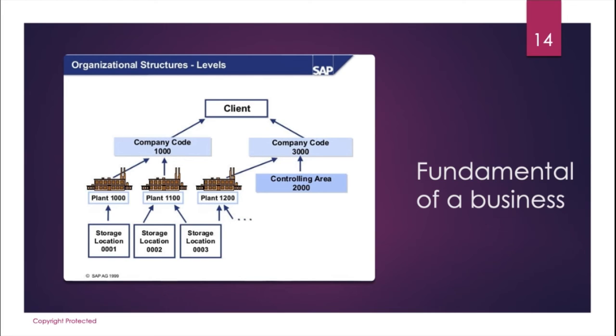So those are plants. It is not mandatory that you have a physical plant to create a plant in SAP, but you should have a well demarcated area, within whose boundary the inventory, assets and all other things can be controlled. There you can create a plant.